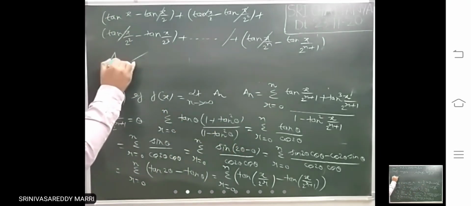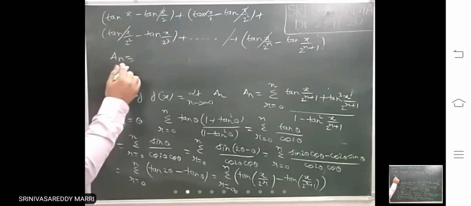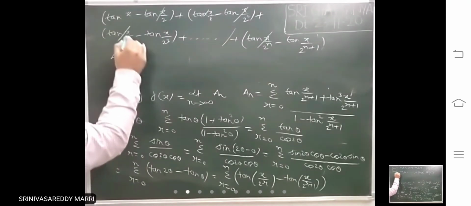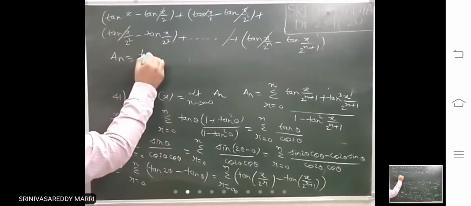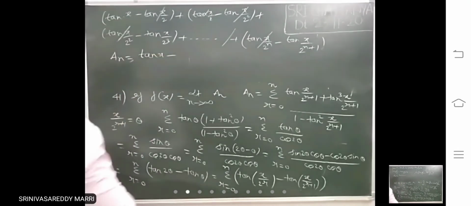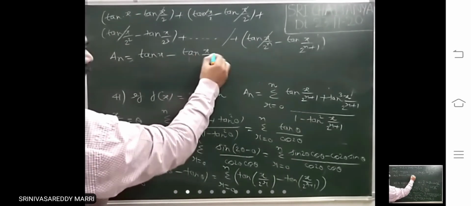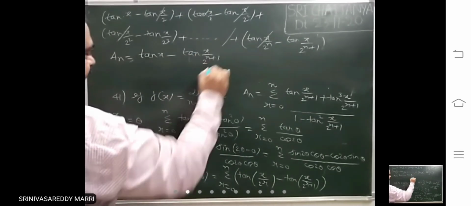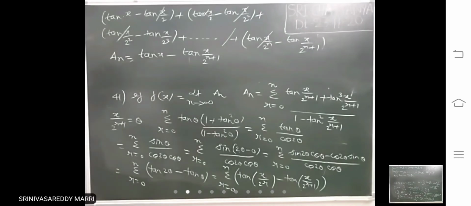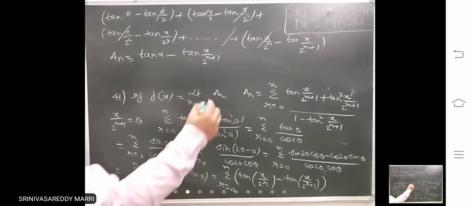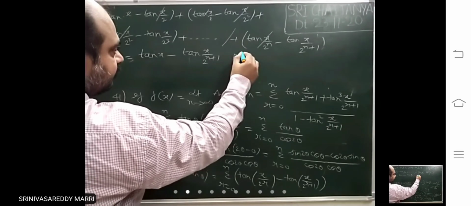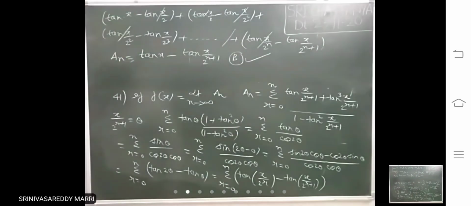So a n is nothing but tan x minus tan of x by 2 power n plus 1. That is given as option B. This is correct, option B, a n.